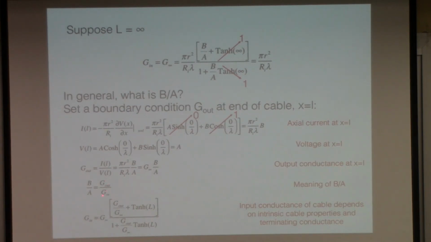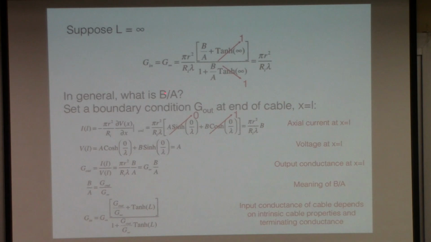If we divide that by the input conductance of a semi-infinite version of this cable, a thing we're calling G infinity, that's what the ratio B over A is. We don't need to solve for B over A. We just did it. We know its definition.